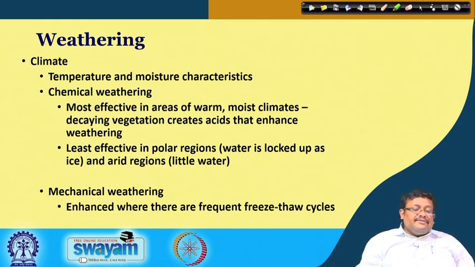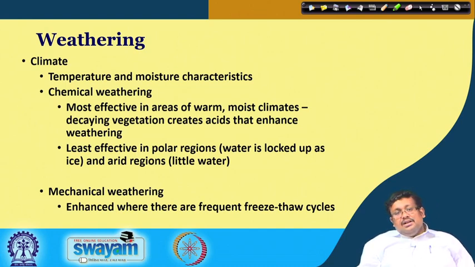Chemical weathering is least effective in polar regions, because in polar regions water freezes into ice, and if you remember, all the important processes in chemical weathering require water. Starting from hydration, carbonation, hydrolysis, all require water for chemical reaction. But if water freezes into ice, there will be no chemical reaction. So, that is why it is least effective in polar regions, and obviously mechanical weathering is enhanced when there are frequent freeze and thaw cycles.